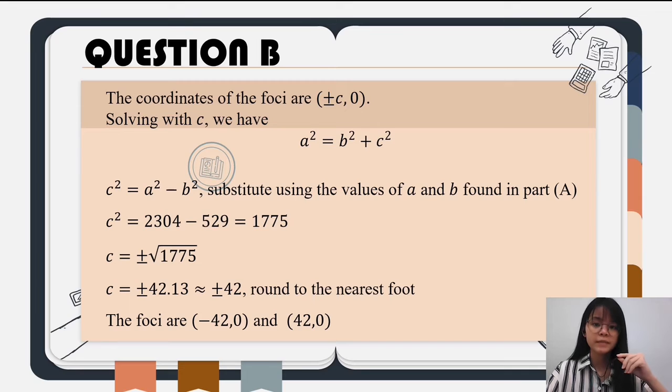Then, we can substitute using the values of a and b found in part A, where a squared is equal to 2304, and b squared is equal to 529. Then we can find that c is equal to plus or minus 42. So, the coordinates of the foci are negative 42 and positive 42 on the x-axis when y is equal to 0.